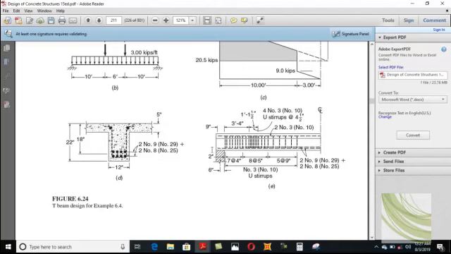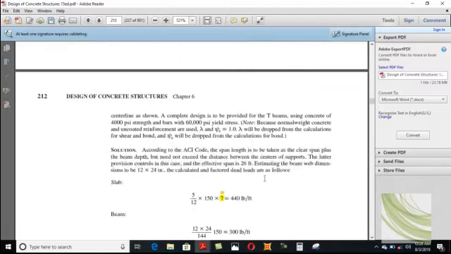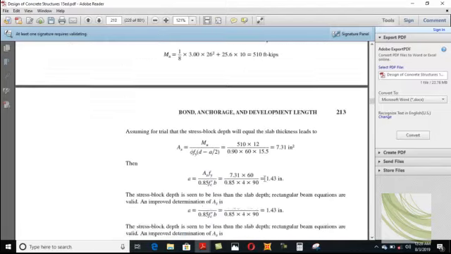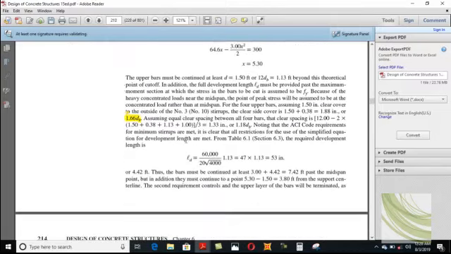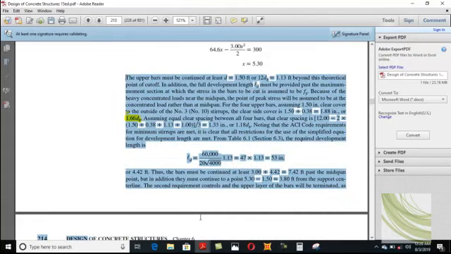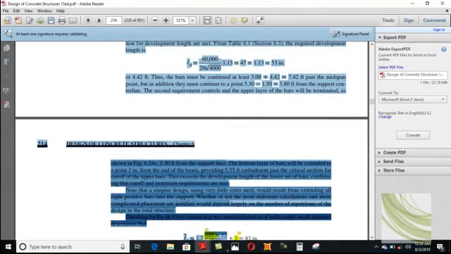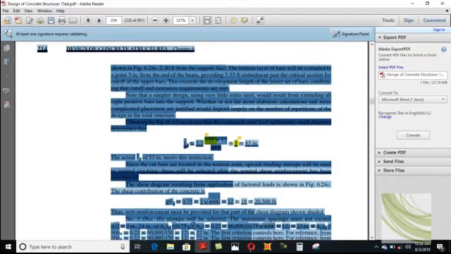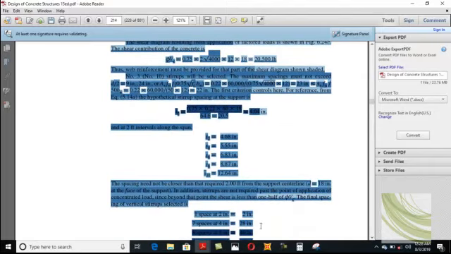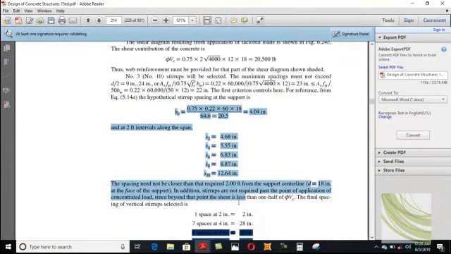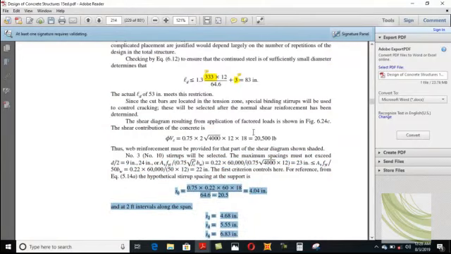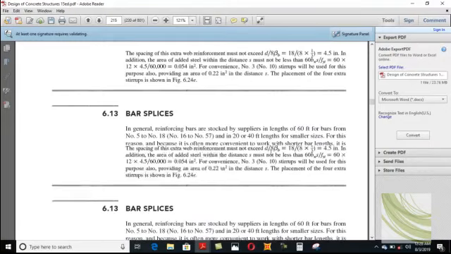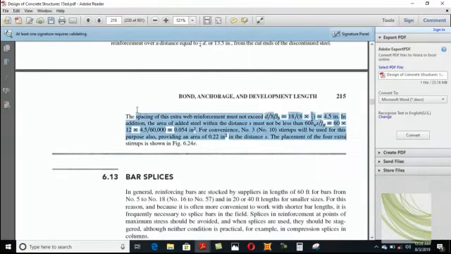In the case of a simply supported beam, they continue the bars towards the support, so you don't need to do all this calculation which we did. It is a time-consuming process.